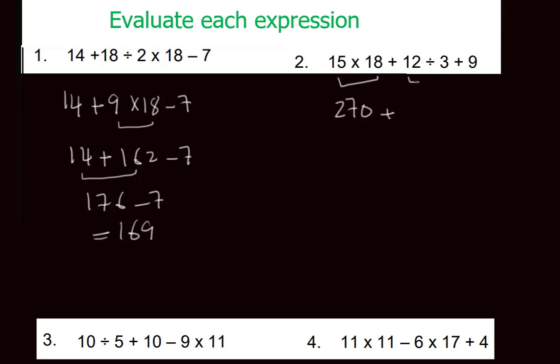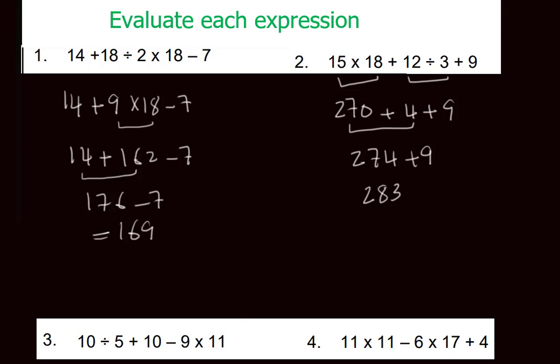Now we will divide: 12 divided by 3 is 4, plus 9. Now the only operation that we have is addition, so we will add from left to right. So 270 plus 4 is 274. Then we have plus 9. So 274 plus 9 is 283.